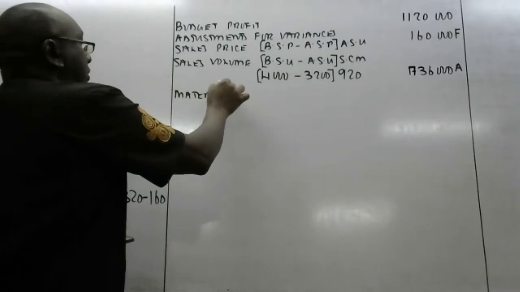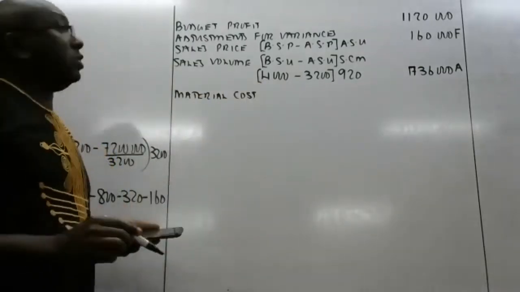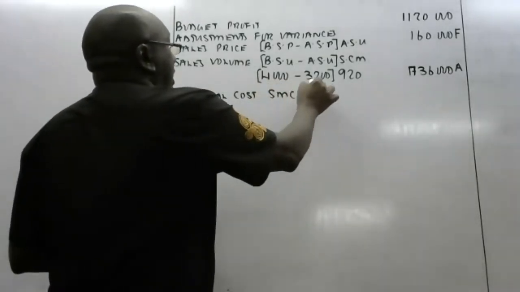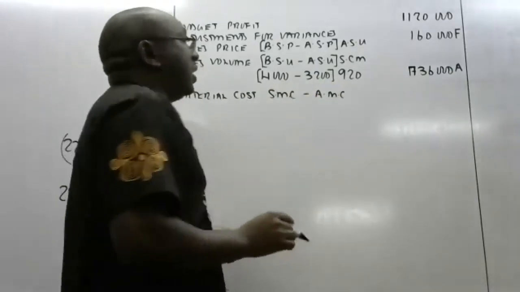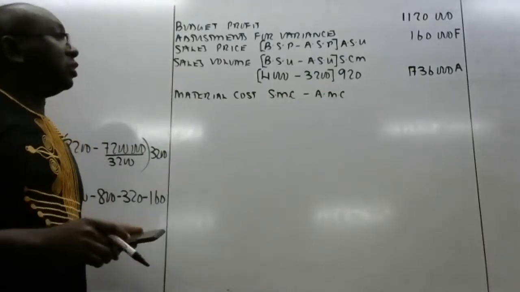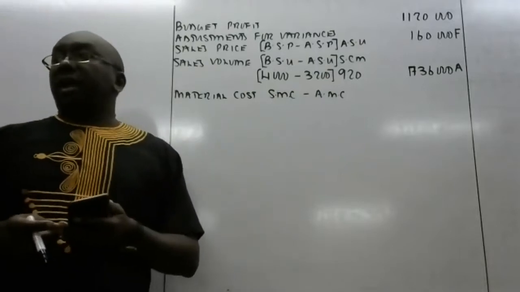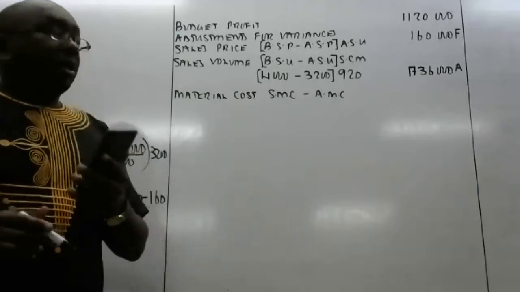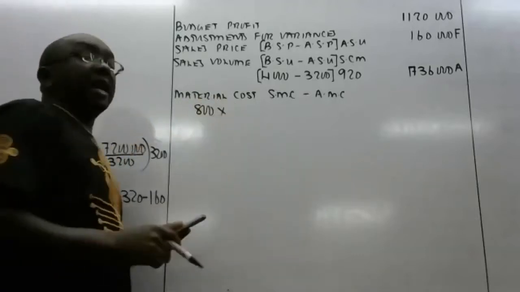Okay, the next one is material costs. As you know, material cost, we said it is standard material cost minus actual material cost. That's the formula. Going up to the standard, you realize that one unit was supposed to take 800.